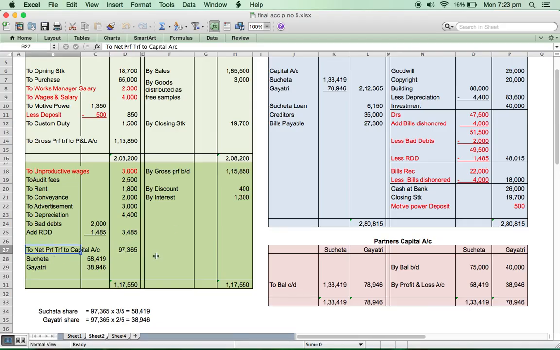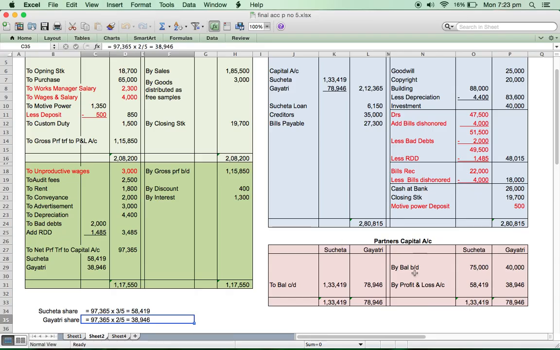That would be transferred to partners' capital account in their profit sharing ratio. So Sucheta's share in the profit would be 97,365 into 3/5, and Gayatri's share would be 97,365 into 2/5. So this amount we have transferred to the partners' capital account credit side.